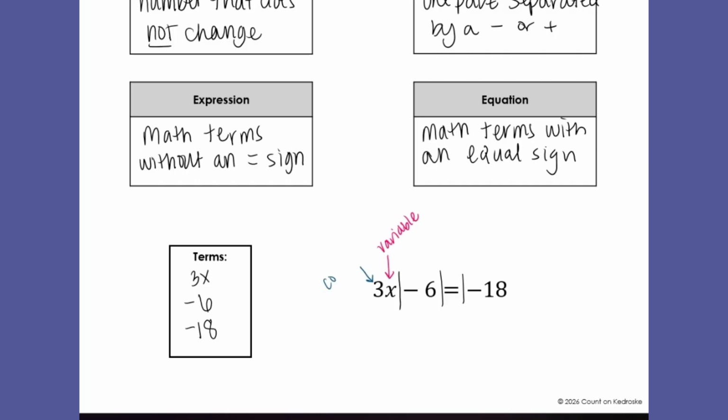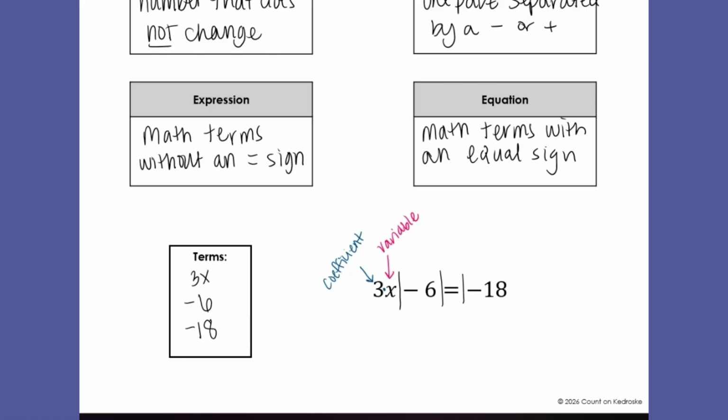That 3 is called our coefficient. So that 3 next to the x means that 3 is actually being multiplied by x. So the coefficient is that number that multiplies the variable. When we say 3x, it really means 3 times x. If I look at the rest, since there's no more variables, there's not going to be any more coefficients.